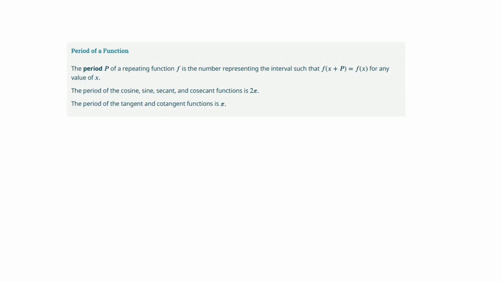Okay, now we're just going to get our feet wet with a really important idea called the period of a function. I don't have the whole unit circle up here, but if you have yours in front of you, you see that these functions begin to repeat. And what we've seen is that when we go all the way around one time, we begin to get the exact same answers that we did before.